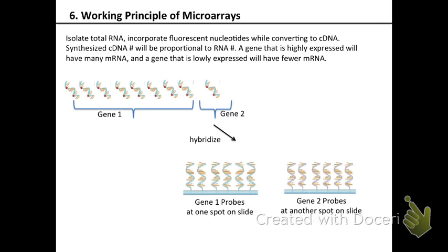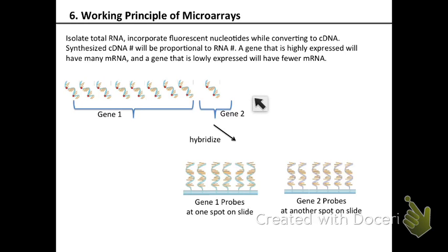And then you can put that into your reaction, so all the A's in all the cDNAs in your reaction will be labeled with fluorescence, okay? So that's what you do. So all the synthesized cDNA will be labeled.